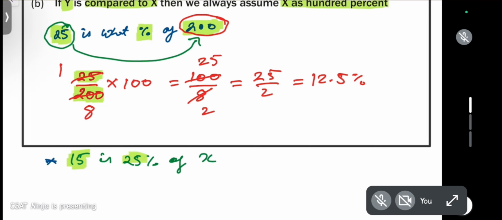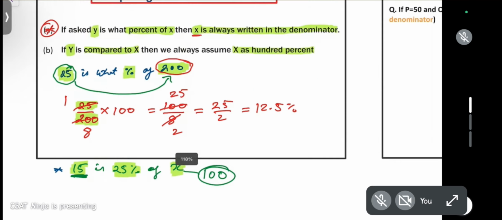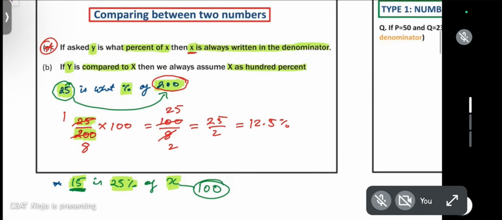In this case, we use x as 100%. That's what it means. So 15 is 25% of x, which means x is 100%, and 25% of that value is nothing but 15. I think I'll explain this better when we do some questions.